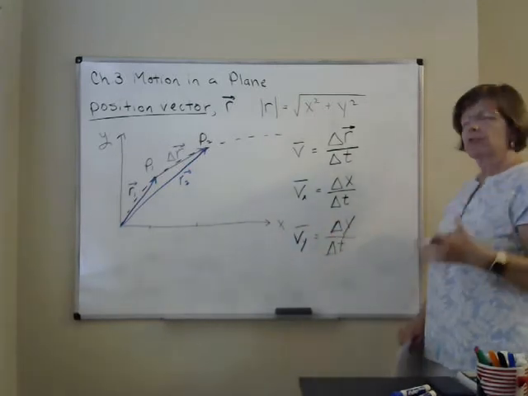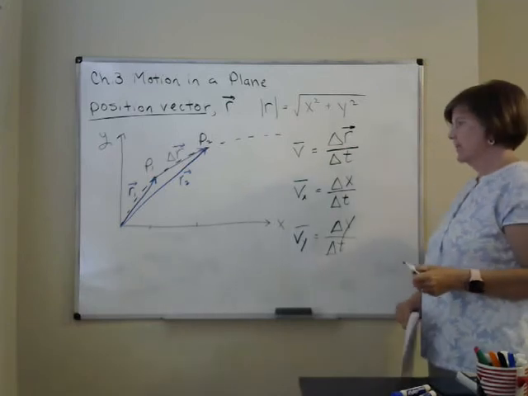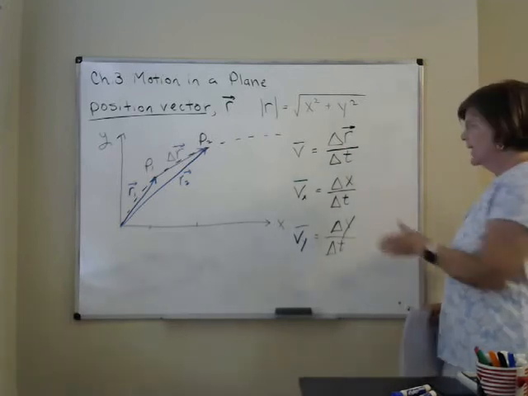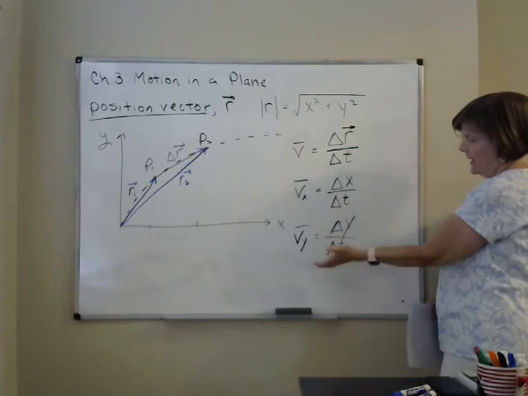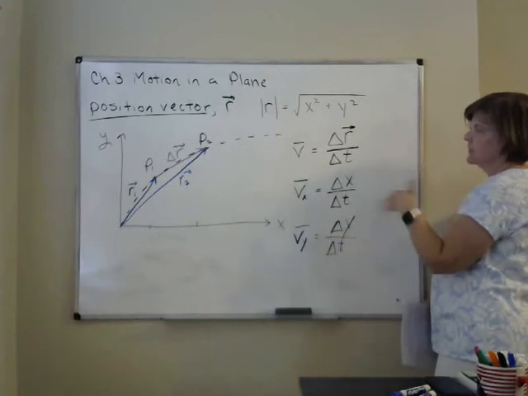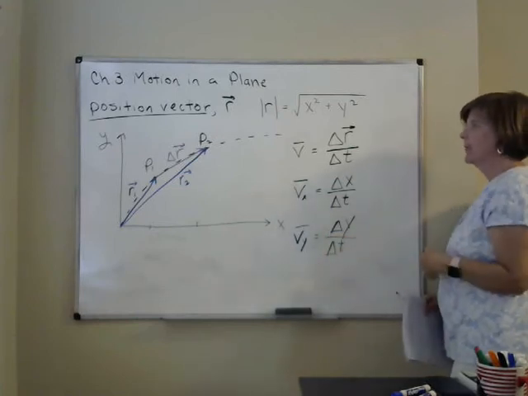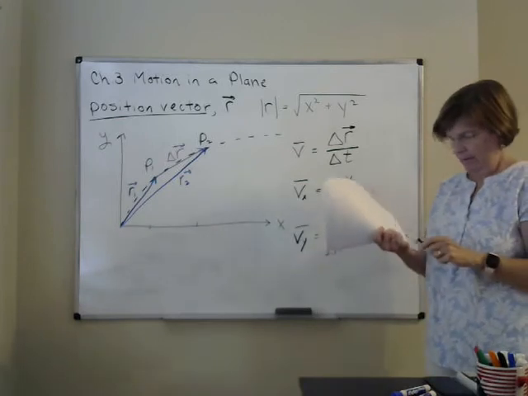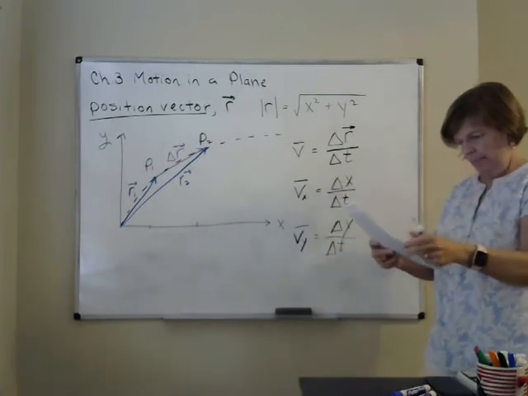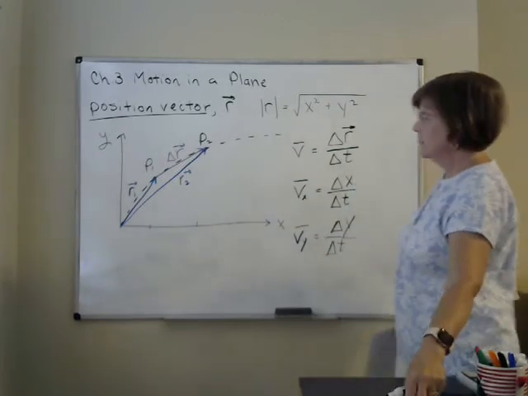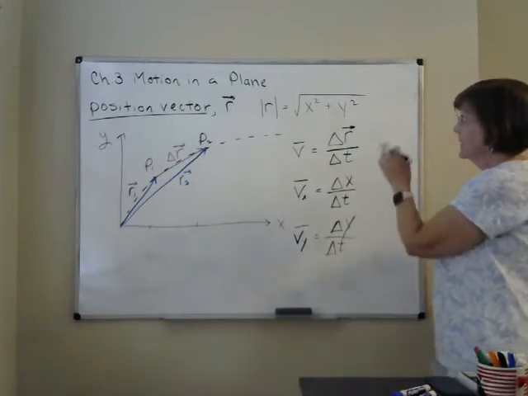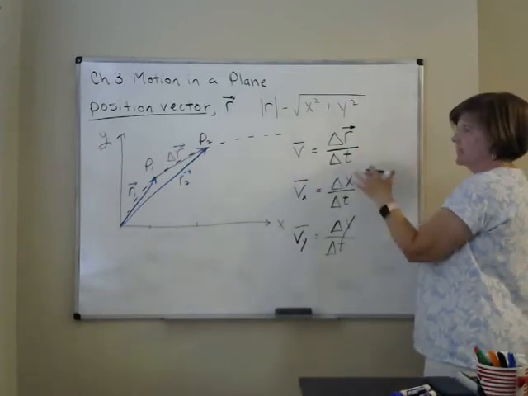Average velocity means just what it did when we were doing linear motion, but when we did linear, we had this or we had this. When we're doing two-dimensional, we actually have both. You'll notice one thing that you might not have thought about. The average velocity is a vector quantity.